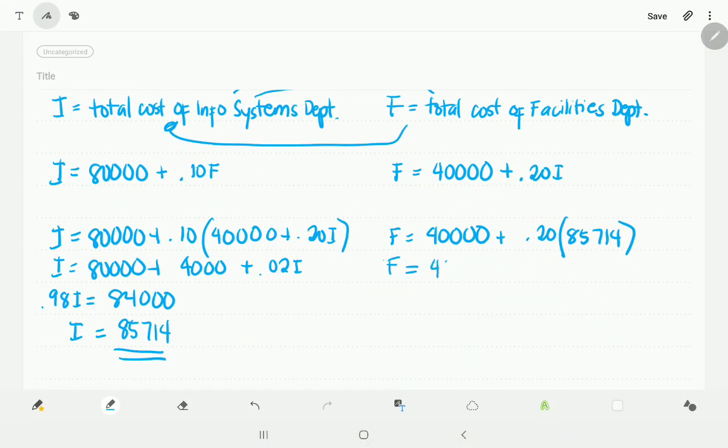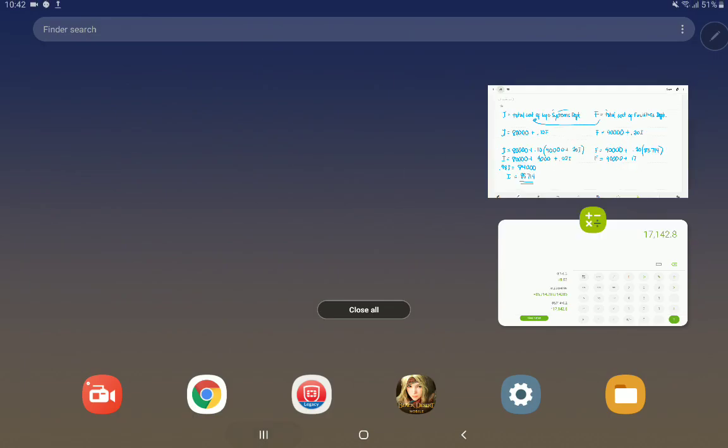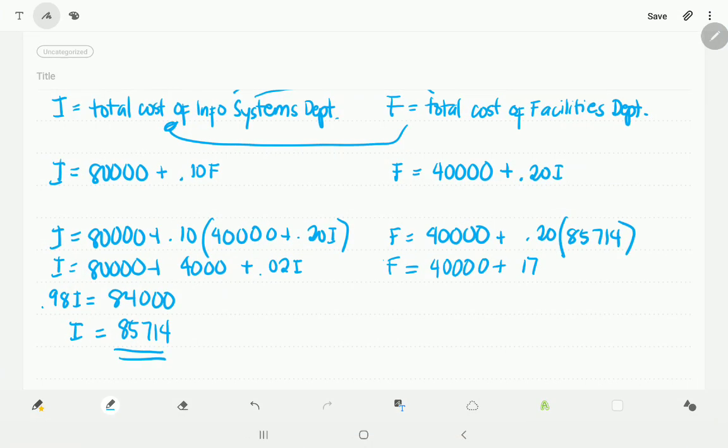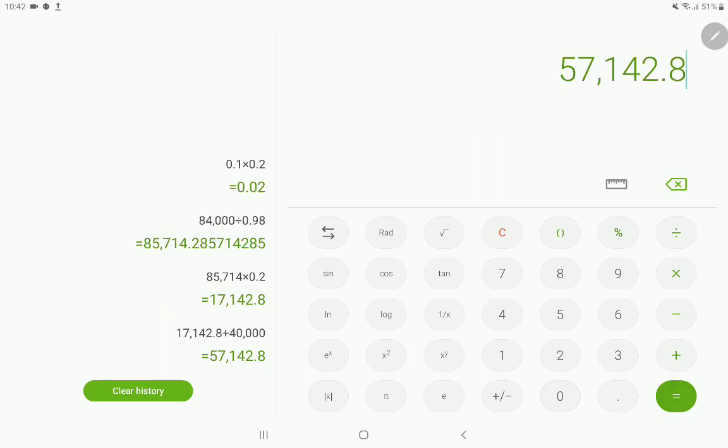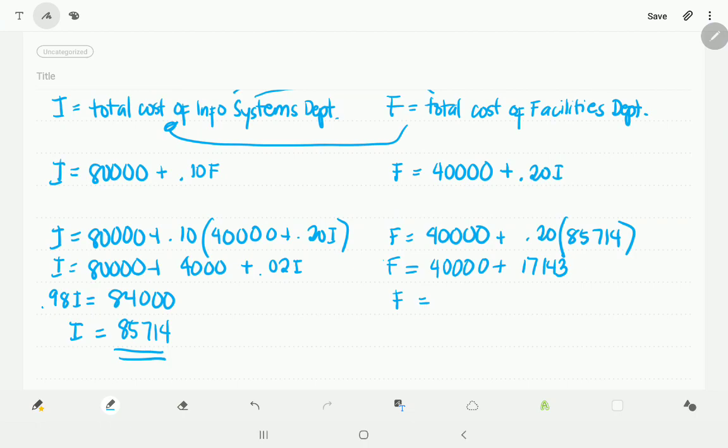So 40,000 plus 17,143, the total cost of the Facilities Department, is 57,143. Of course, we're not yet done. This is just the total cost.